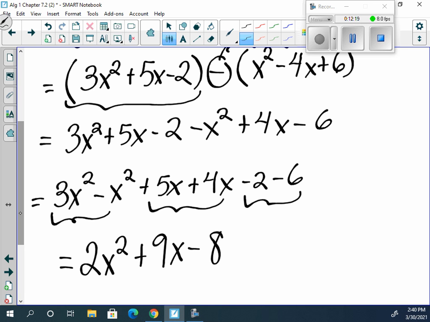If you owe me $2 and then you owe me 6 more, how much do you owe me? 8. Mm-hmm. Yeah, negatives are weird. When we're subtracting a negative, it would make a positive. When a negative multiplies by a negative, it makes a positive.